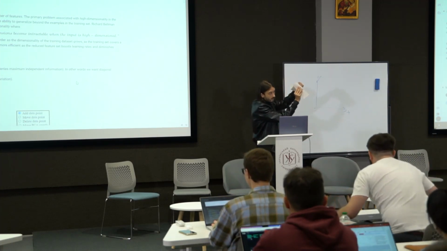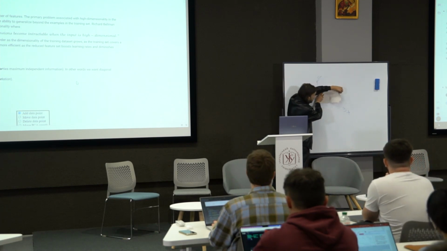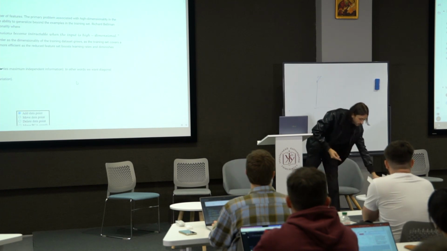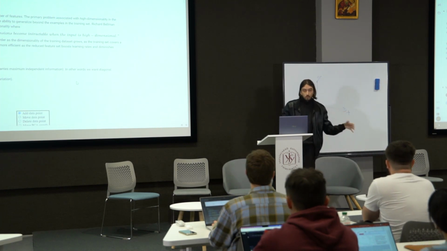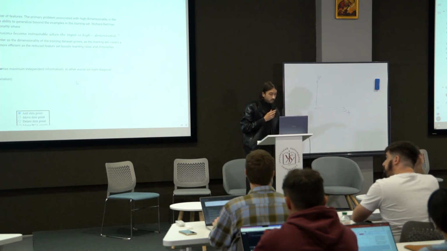But I will show you methods that will try to put all these points into a plane without losing some patterns that exist within these points. They have some relative positions, and in their relative positions there may be encoded some information that you want to know, and you want this information to be kept.